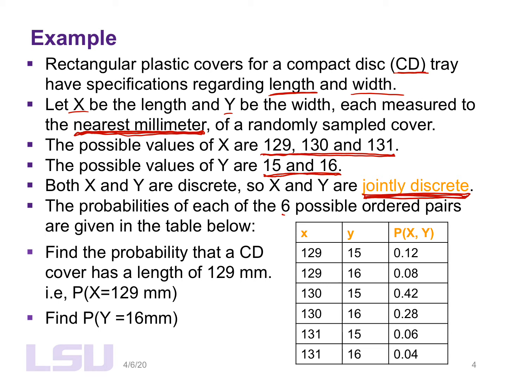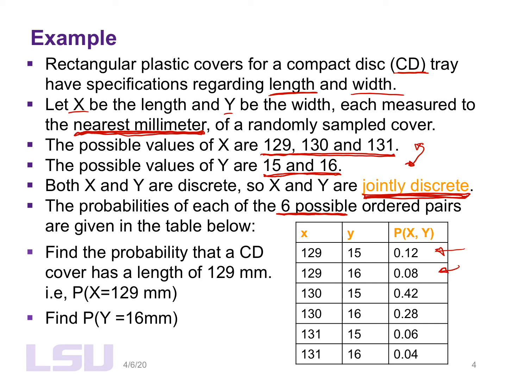And we're given all possible combinations of this length and width in this table, with the corresponding joint probability. So if the length is 129 and it's 15 millimeters wide, this is the probability corresponding to that. If it's still 129 in length but 16 in width, the probability is 8%.